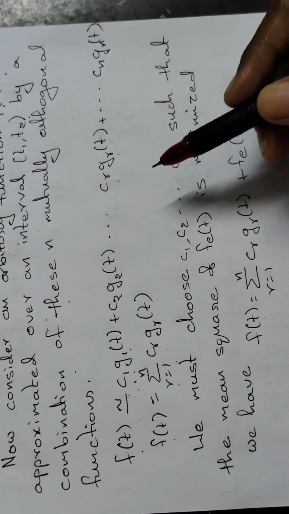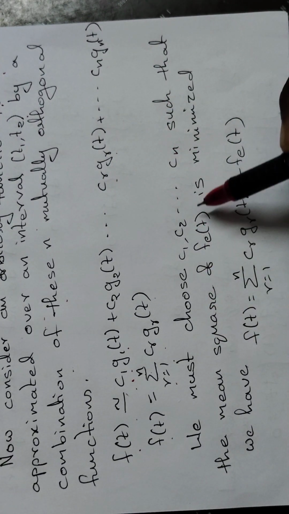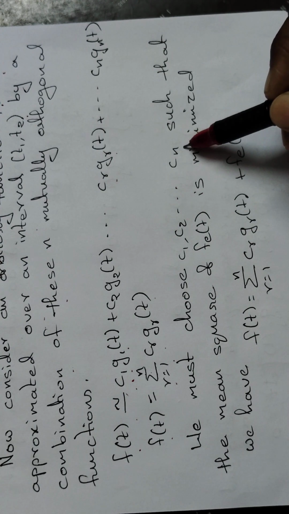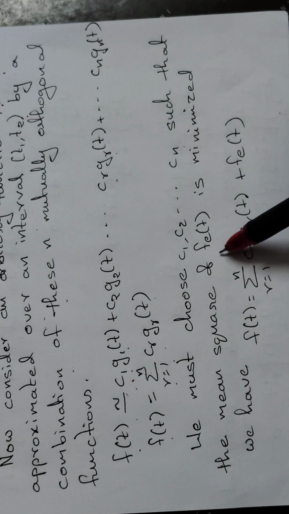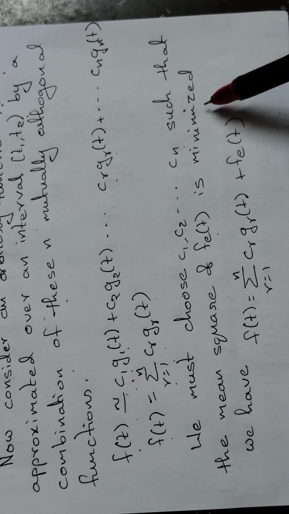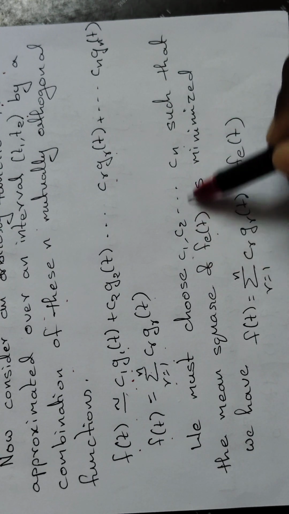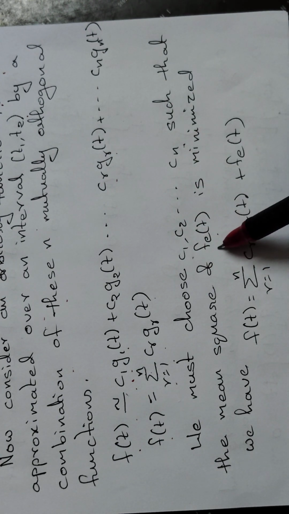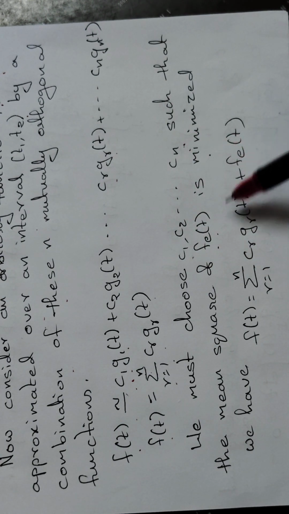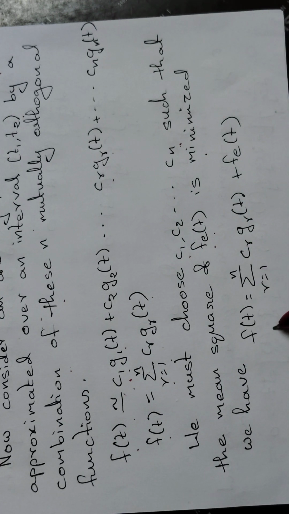Now we must choose c1, c2 and so on up to cn such that the mean square of fe of t is minimized. Based on these component values, the error function is minimized. How to write that? f of t is equal to summation r is equal to 1 to n of cr gr of t plus fe of t.